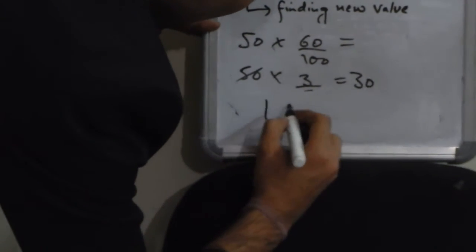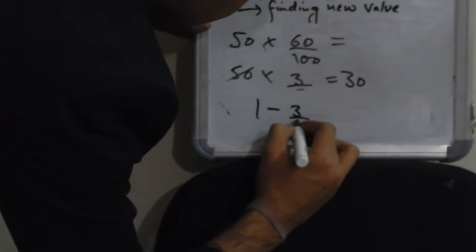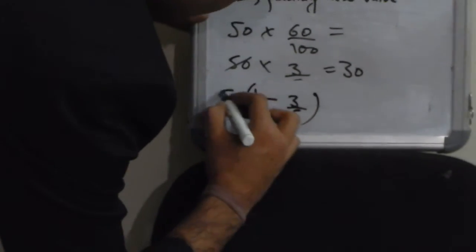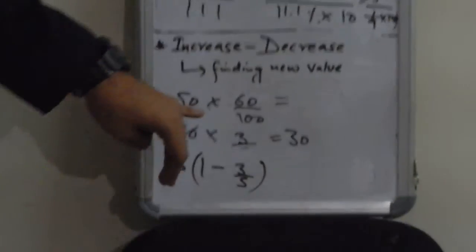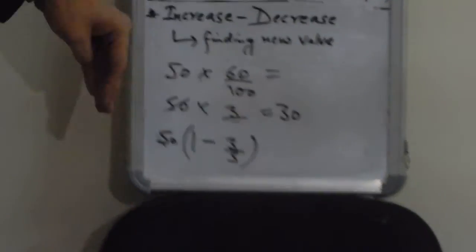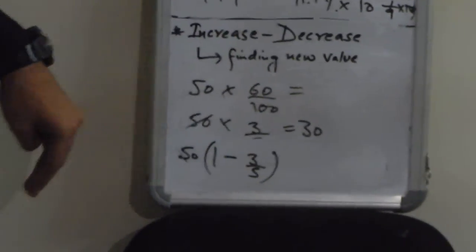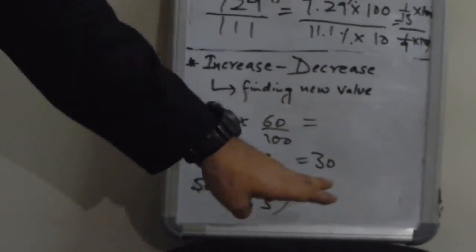Another short way of doing this, which is actually a kind of formula that you can remember, is 1 minus 3 by 5 of 50. This was done in 2 steps previously, calculating 60% and then subtracting it from the original value. In short, it can be written in this way.